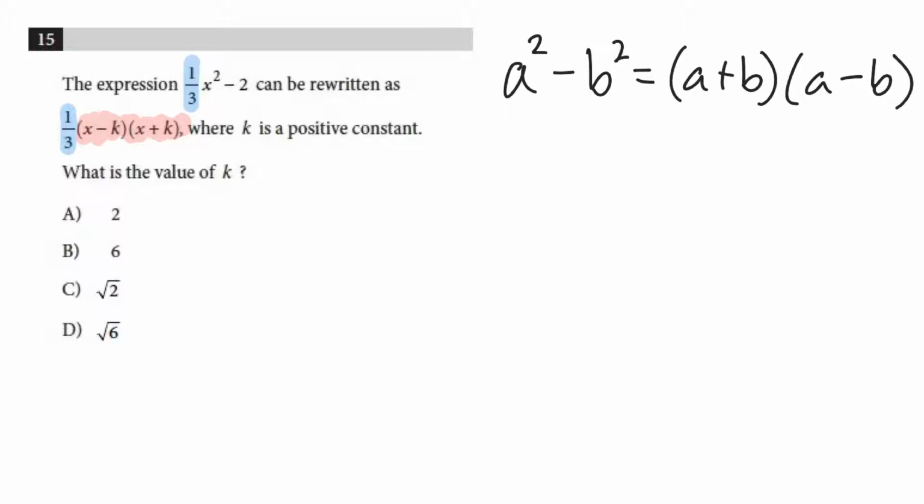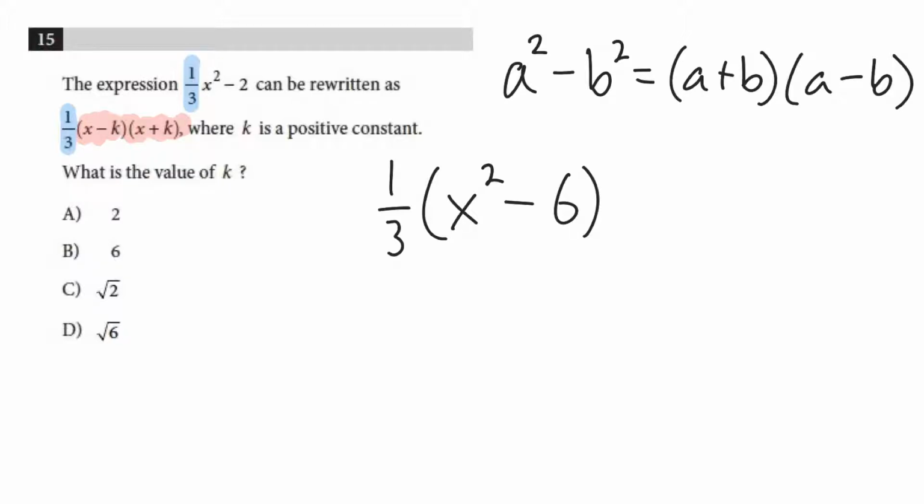So I think what we're going to do here is factor out that 1/3, and then we'll have x squared minus, well, if we factor out a third, what times 1/3 equals 2? Well, it's going to be 6.